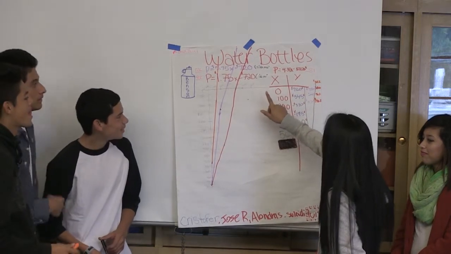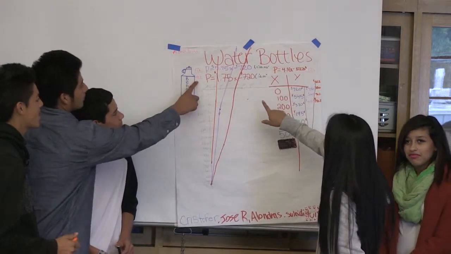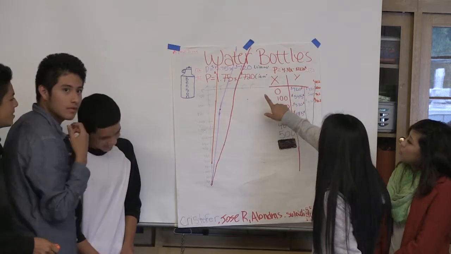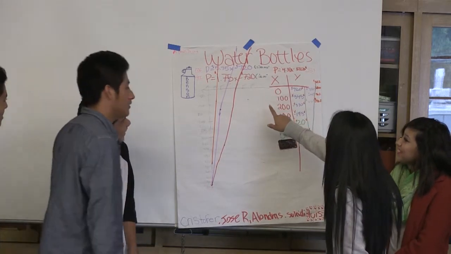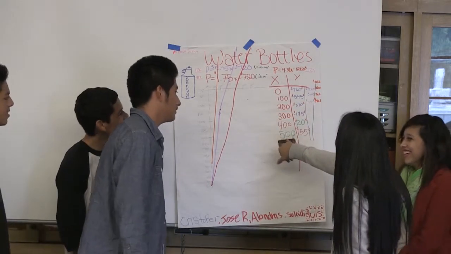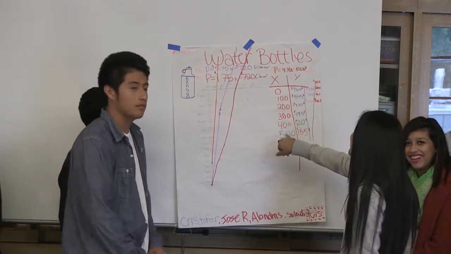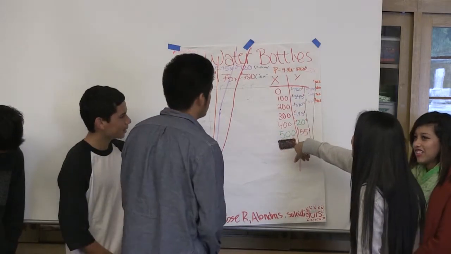We would sell them for $6. We have the table on the side, and it shows how much we would get to the break-even point.